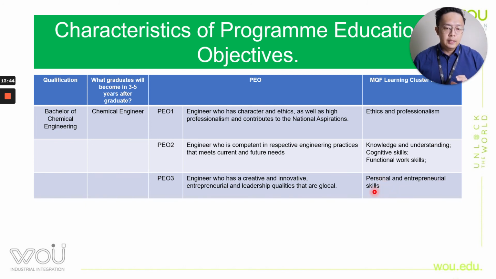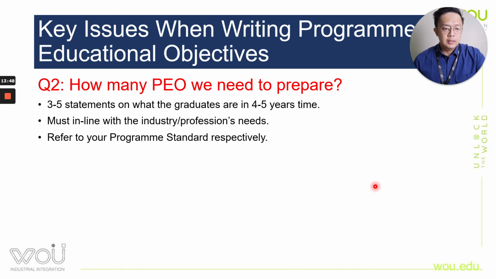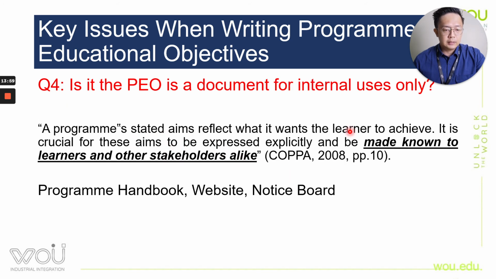Okay, so if we go back to our key issues over here, firstly you will know how many PEO we need to prepare: 3 to 5, right? What's the content? Align with vision and mission, align with MQF learning cluster. Then publicly publish your PEO.